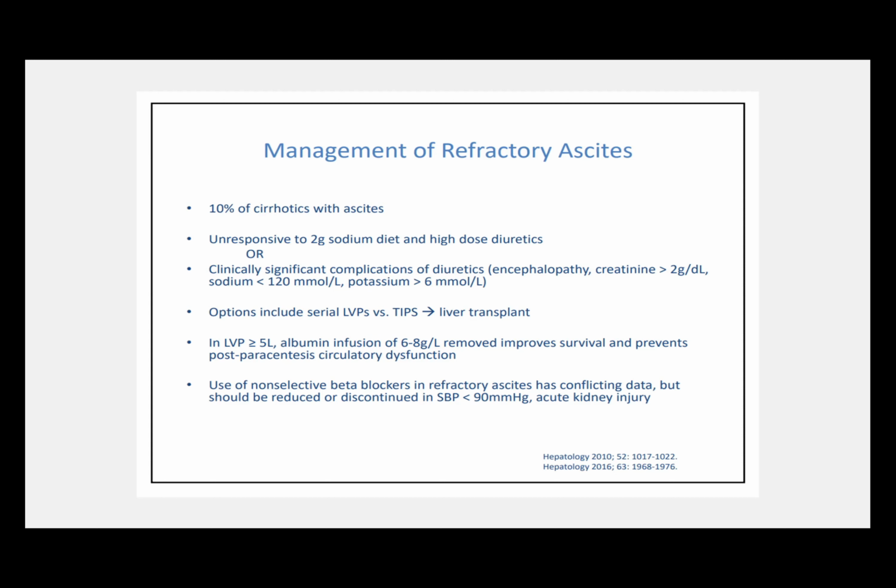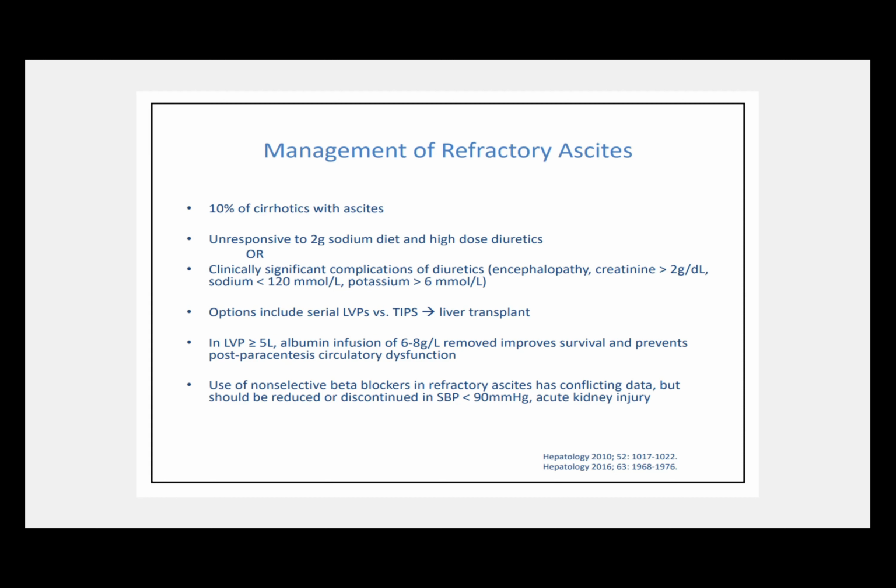But there are a lot of restrictions to patients that can get TIPS, and a lot of contraindications to doing it. So we usually go for the first option, which is the serial large volume paracenteses. And by serial, it means usually every 2 weeks and not less than that.